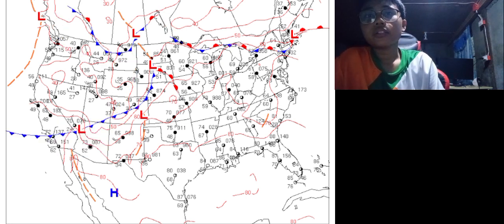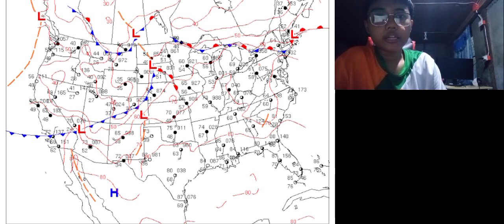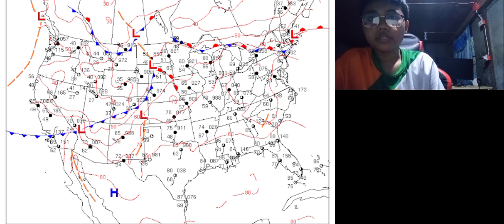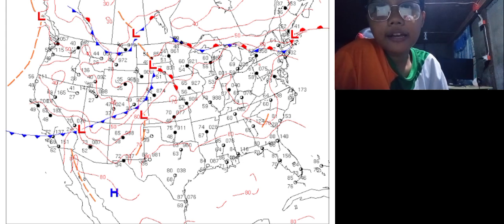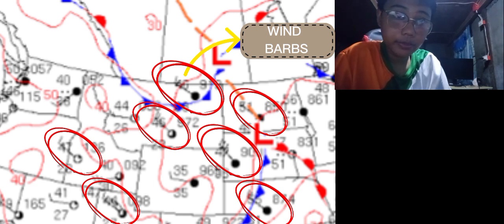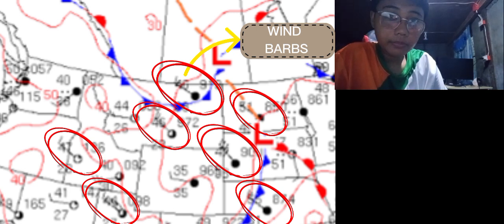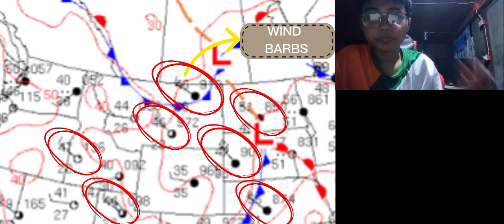Now, the surface weather map also includes wind speed and wind direction. As you can see, we have here wind barbs, which have been discussed by Ms. Manampan during her discussion.